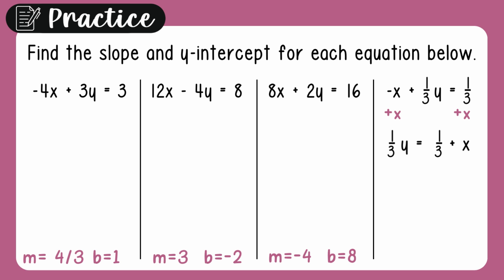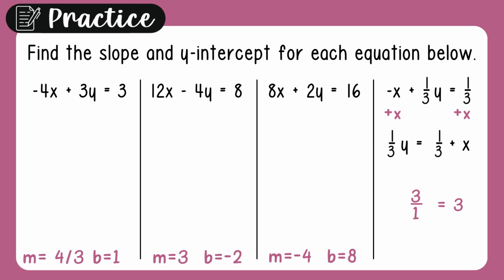So we want to multiply by the reciprocal of 1/3. The reciprocal is just the upside down version. So we're going to make 1/3 into 3 over 1. We just switch the order of the numbers. And if we simplify 3 over 1, this would just be 3, because 3 divided by 1 is 3.